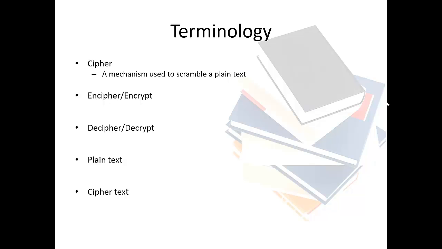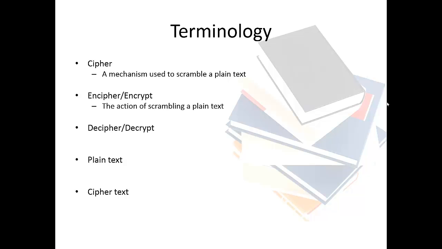These verbs actually mean the action of scrambling a plain text. We talked about a cipher, and when using a cipher, this action of scrambling a plain text is called encrypting or enciphering.